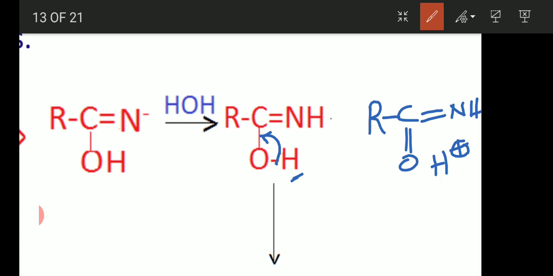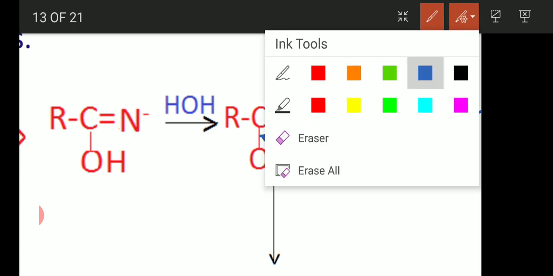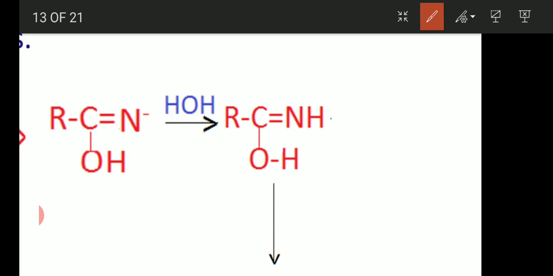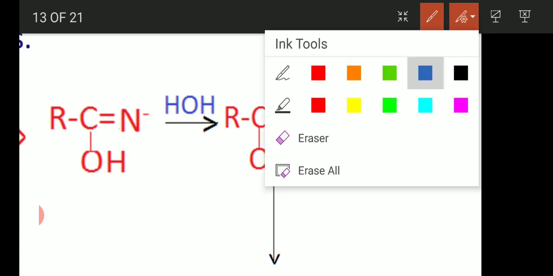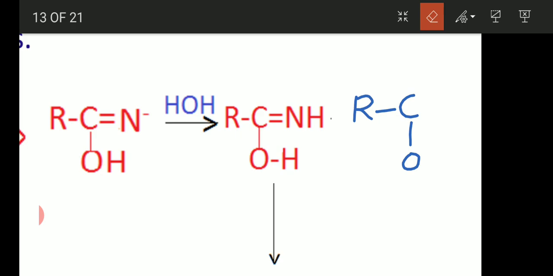Now see how many bonds are present for carbon. Five bonds are there, so carbon shall form only four bonds. That's why one pi bond will shift towards nitrogen. Then what will happen? R, C, OH, double bond NH.